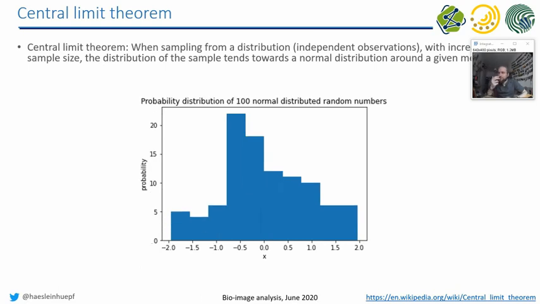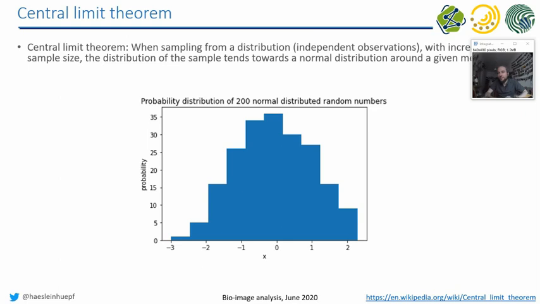The central limit theorem is the basis of inferential statistics. At some point, it depends on the problem we have and on what we are looking at. But if we continue sampling and have more and more measurements, at some point it will look closer and closer like a normal distribution.